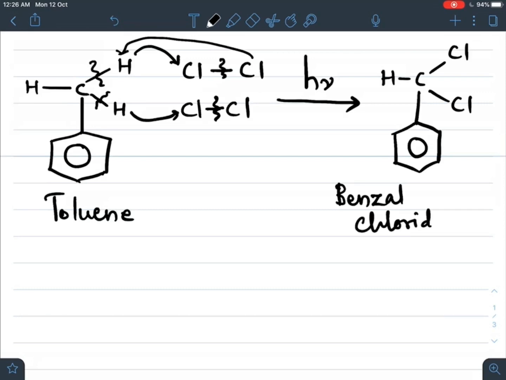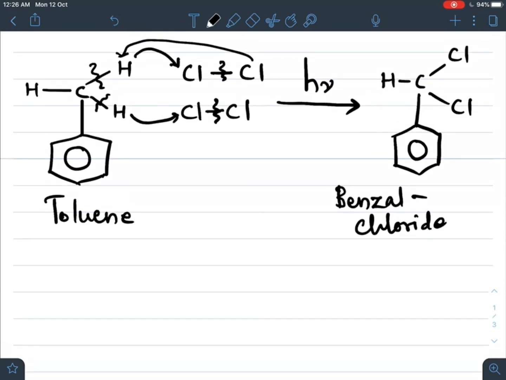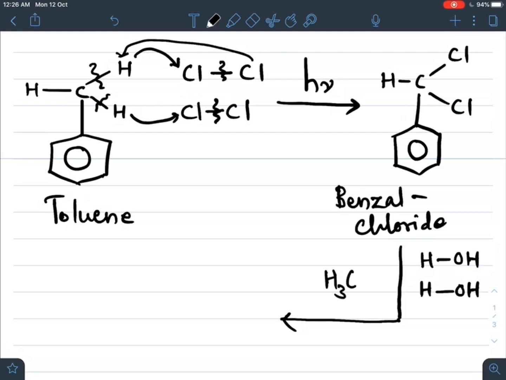The name of this intermediate compound is benzyl chloride, which on further acid hydrolysis, meaning reaction with water, requires two molecules of water to complete the reaction. So what happens during this reaction? Simply we write H3O plus on the arrow, which is nothing but acid hydrolysis.